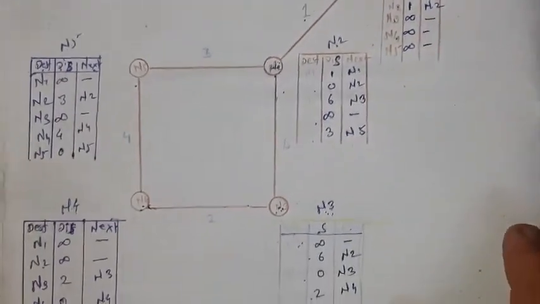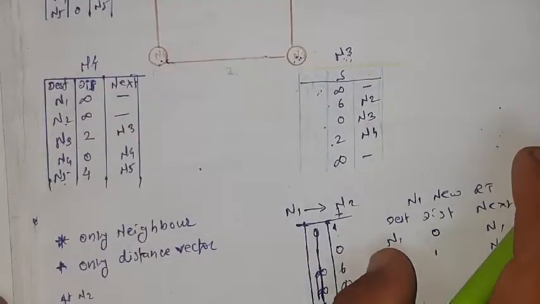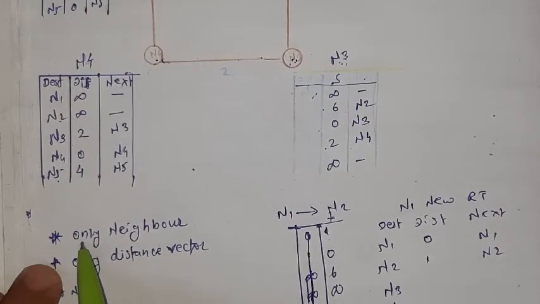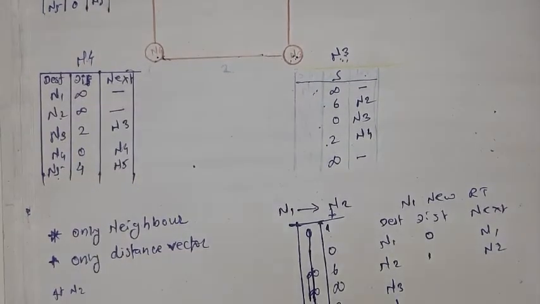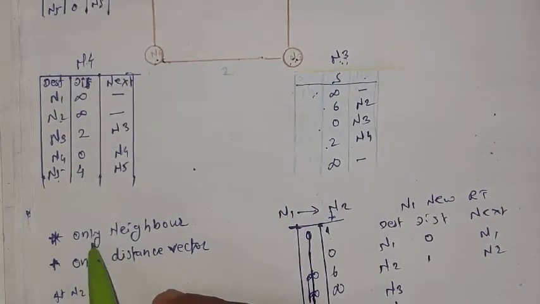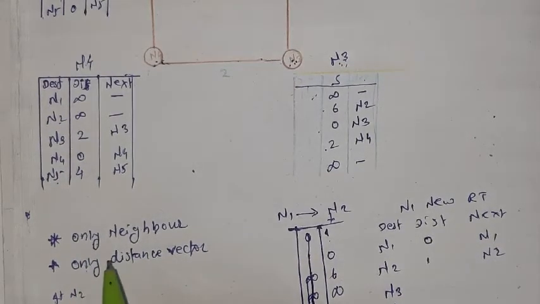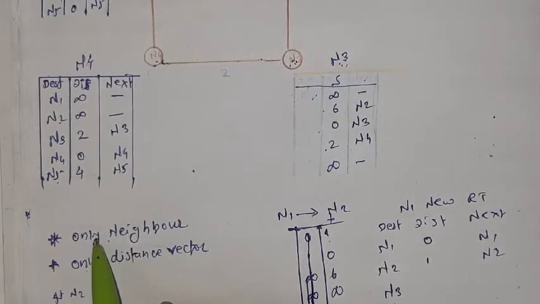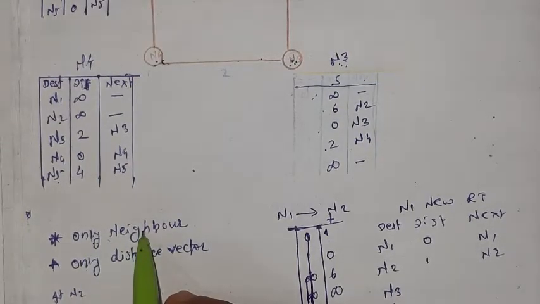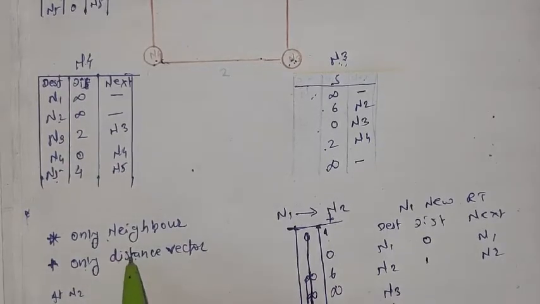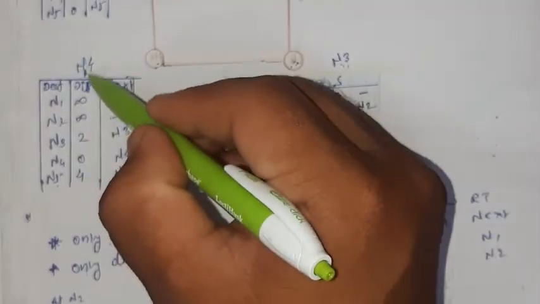Okay, so the two things you should remember: the routing table or distance vector is shared only with neighbors, and only the distance vector. We share information with only neighbors, and what kind of information? Only the distance vector, and distance vector is nothing but this column.